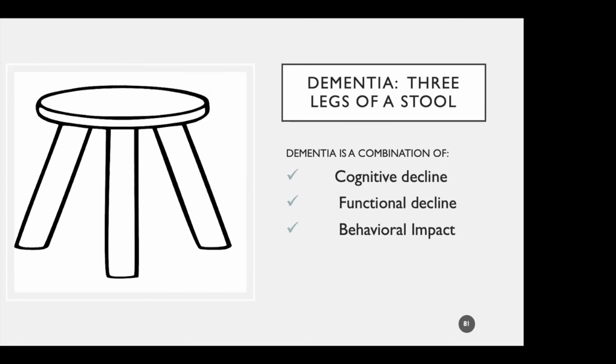That is functioning. And then it also has a behavioral impact, that it affects your behavior. You could be agitated, you could be spewing out filthy words, you could be disinhibited, and you're doing sexually inappropriate things. So it has a cognitive, functional, and a behavioral impact.